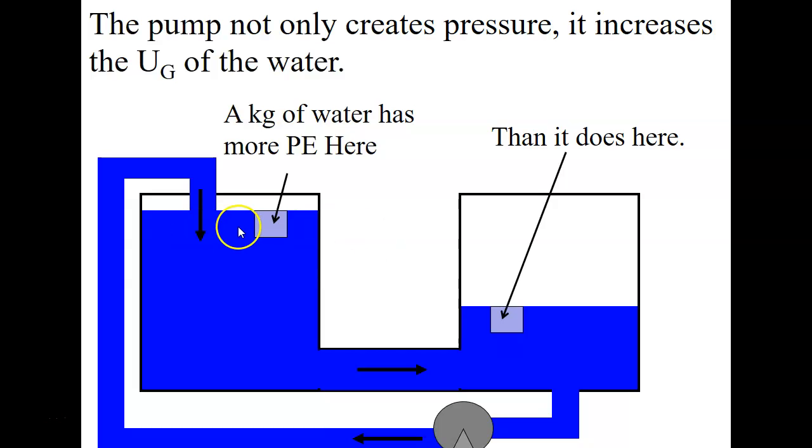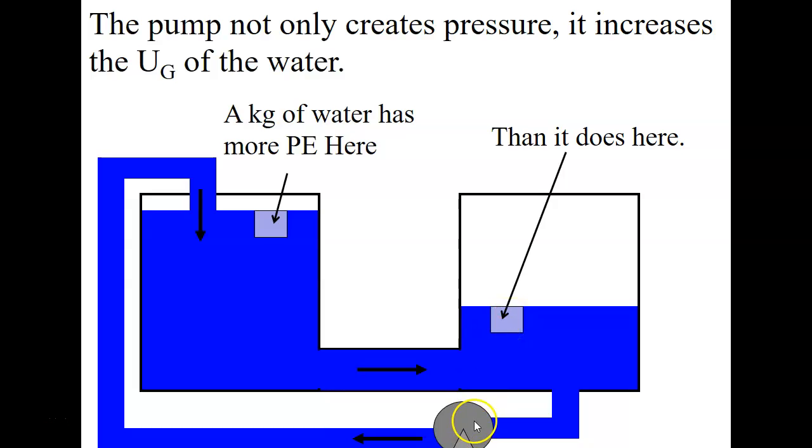A pump not only creates pressure, it also increases the potential energy of the water. As it pumps the water up, that pressure gets converted to potential energy, and it flows from higher potential energy down to lower potential energy. A kilogram of water has more potential energy up here than it does in the lower tank.